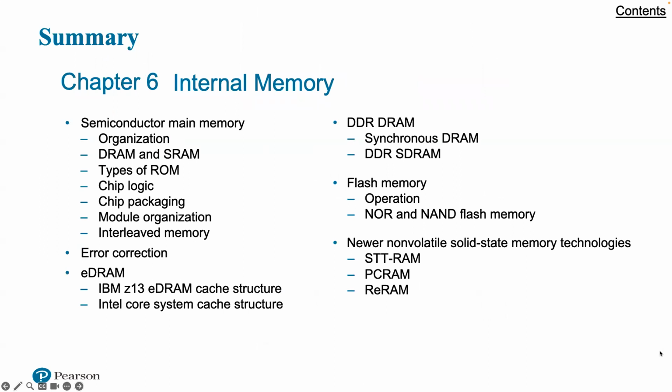And so just to review, a lot of details of internal memory that we've talked about. We've talked about the organization of memory. We talked about DRAM, dynamic RAM, SRAM, static RAM. We talked about read-only memory. We talked about the different types of chip logic and packaging, and other types of things, including interleaved memory approaches.